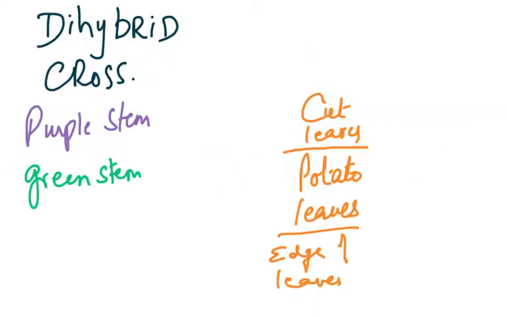Then we come to the dihybrid cross. As we're doing the question from the book, purple stem is capital A. So purple stem would be either capital A capital A, or capital A small a. The green stem, as mentioned, is a recessive trait, so green stems will always be small a.